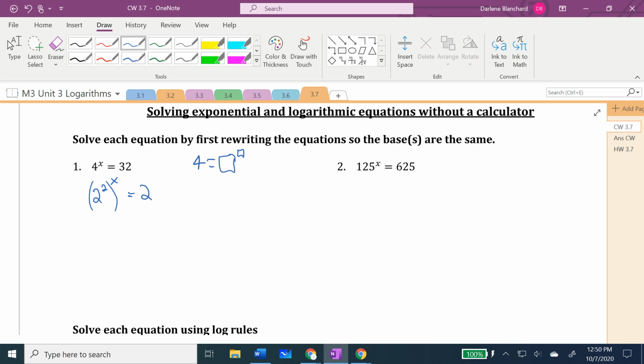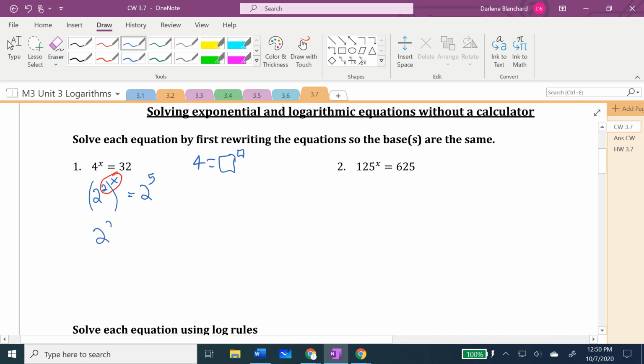So then 32 is 2 to the 5th power. Before you move on, though, you use an exponent rule. What do I need to do to the 2 and the x right there with the exponent rule? And I'm looking in chat. Yes, multiply.